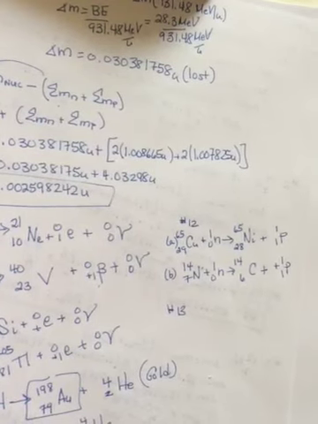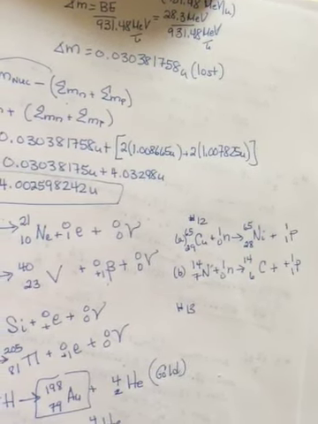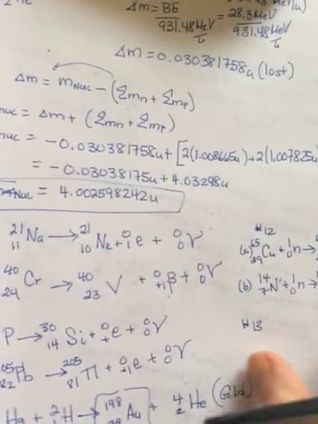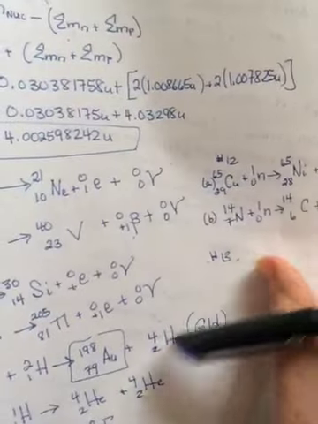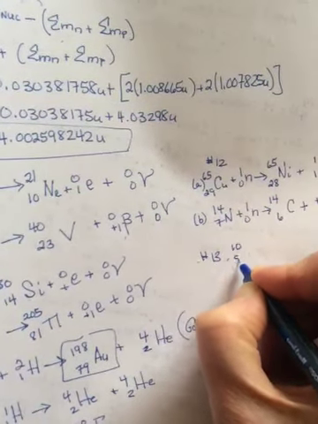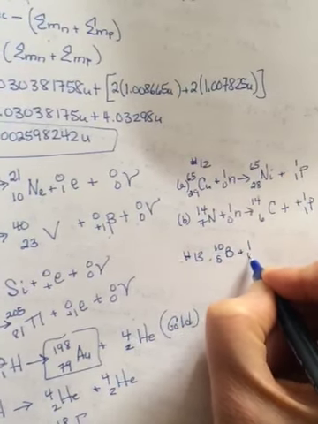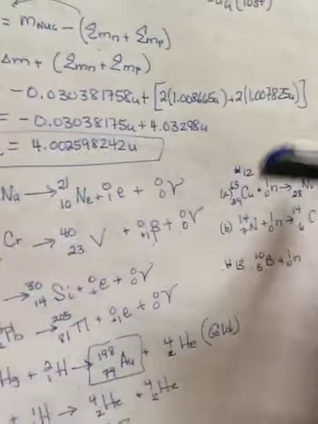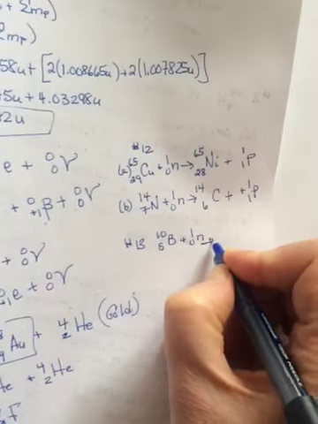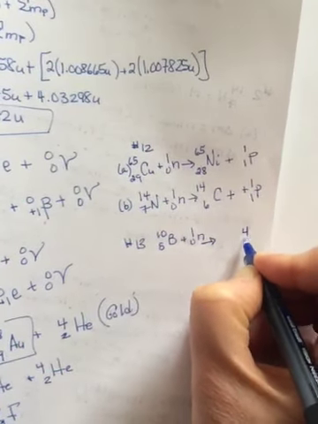Number 13 says, when a boron isotope is bombarded with neutrons, it absorbs a neutron and then emits an alpha particle. So it's boron, and it told us in the question it was boron 10. And it says it's bombarded with neutrons, so you're adding that on the reactant side. When it absorbs them, it's going to release an alpha particle.